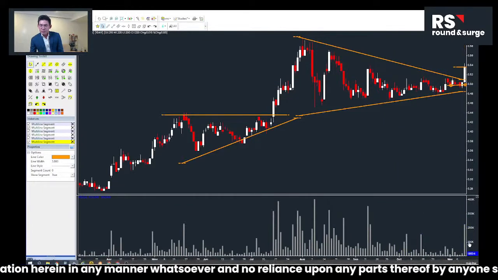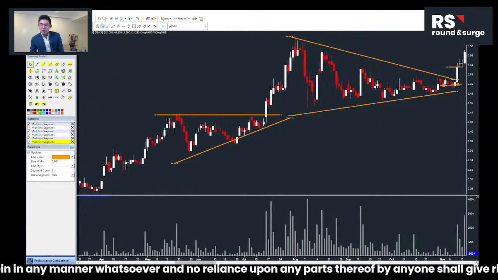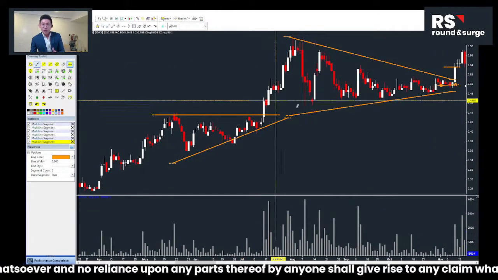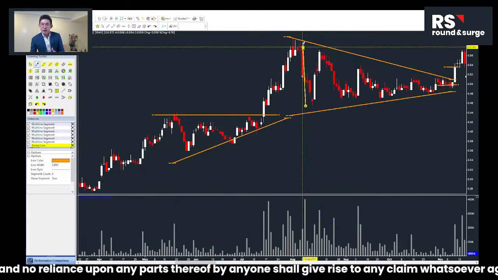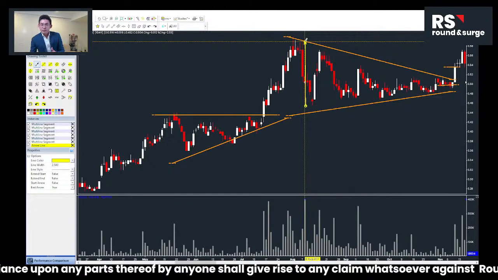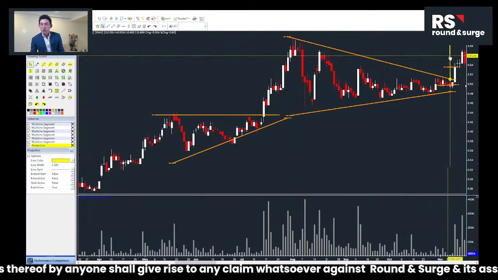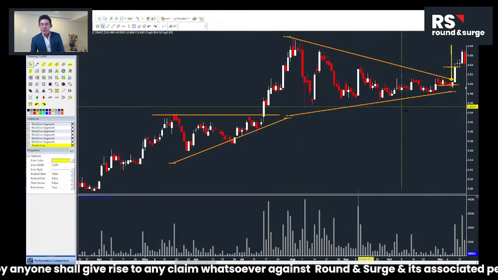Then next, the price continues to move up higher. Oh, one thing I forgot, we need to find where the take profit point is. So this is how the traditional way of looking for the take profit point works.